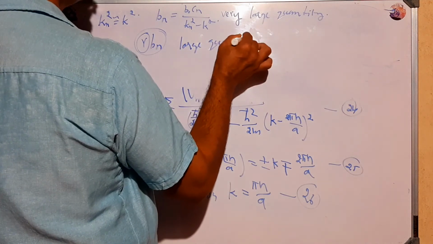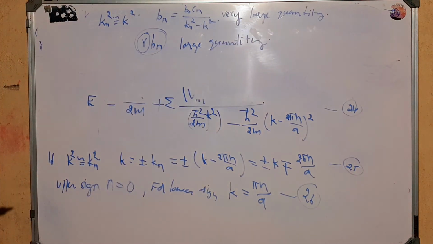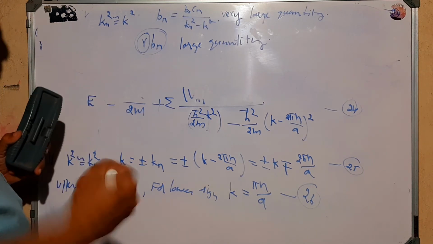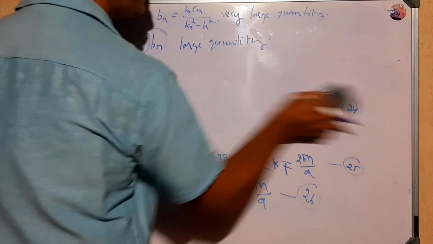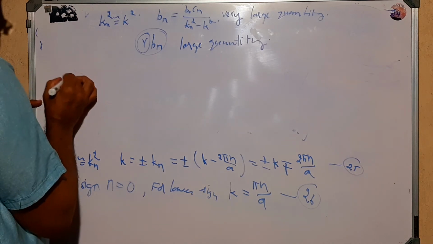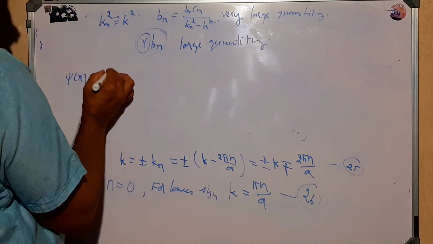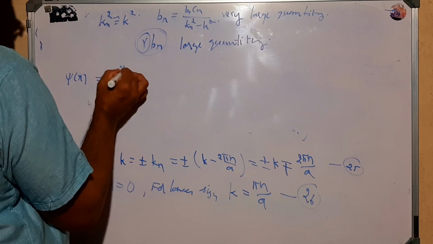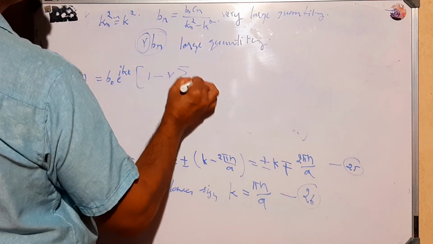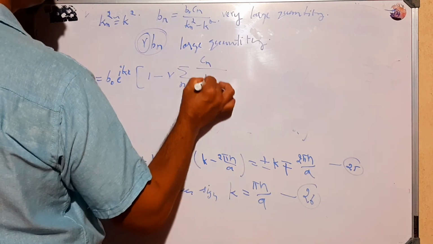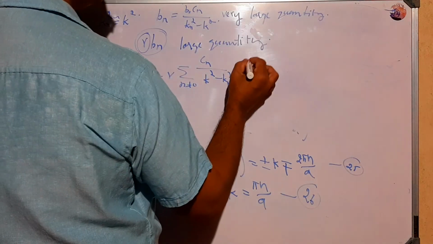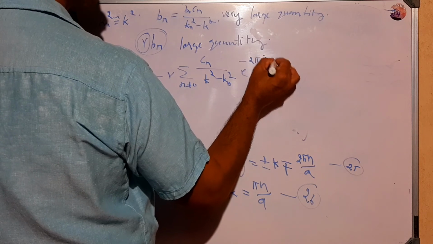Now consider equation number 17, which I will write: Xi of x is equal to b naught e to the power ikx into 1 minus gamma sigma n not equal to 0 Cn divided by k square minus kn square into e to the power minus 2 pi inx by a.